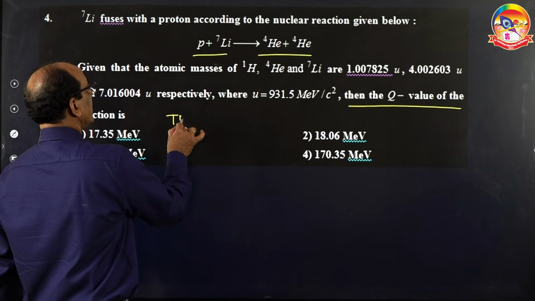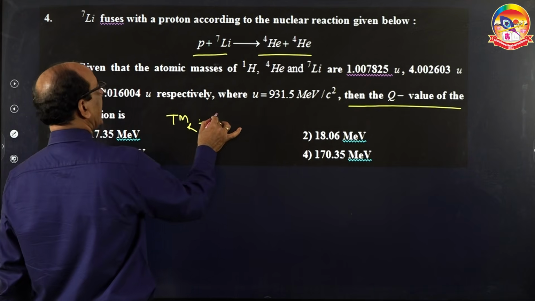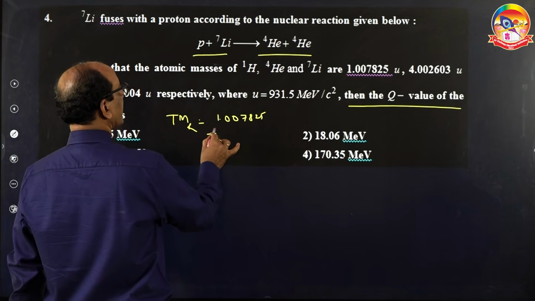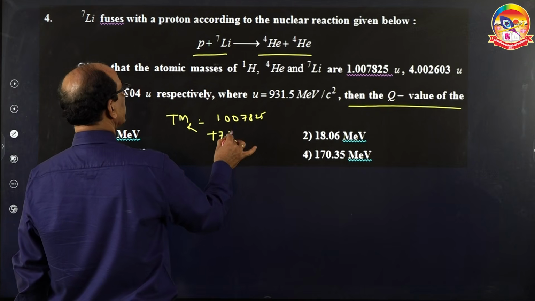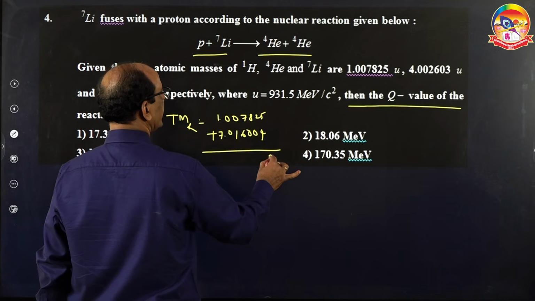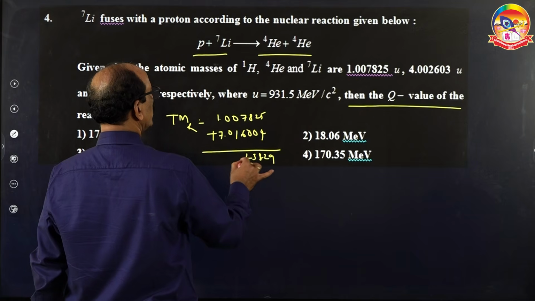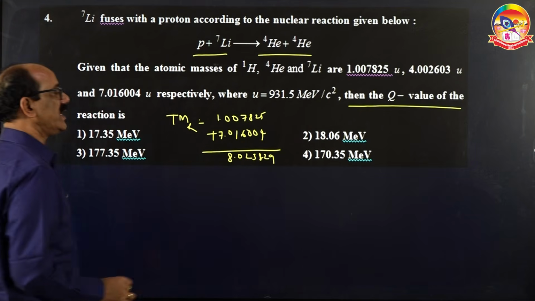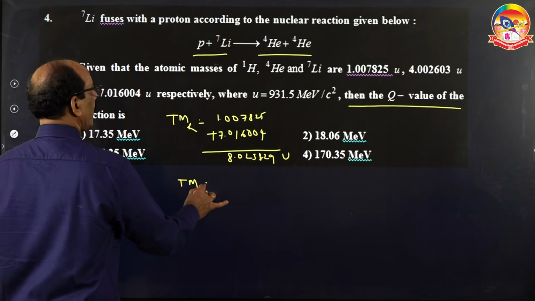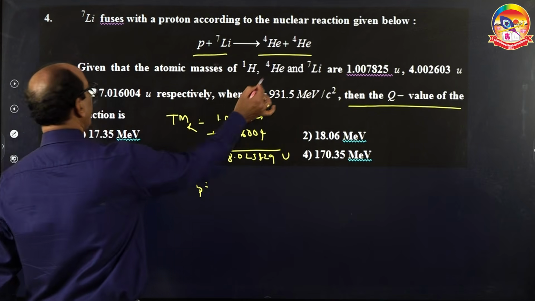Total mass of the reactants is the sum of the mass of this particle and the mass of this particle, that happen to be 1.007825 AMU plus 7.016004 AMU. Summing them up, we get 8.02329 AMU.